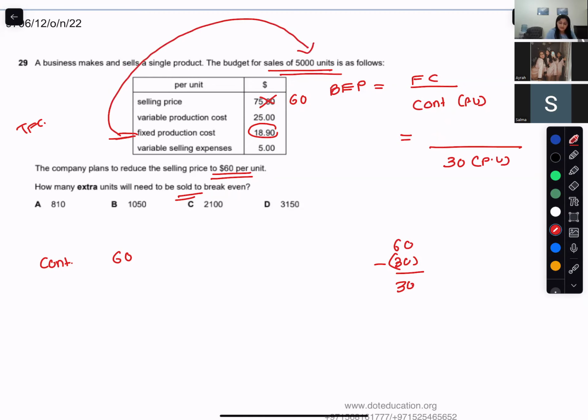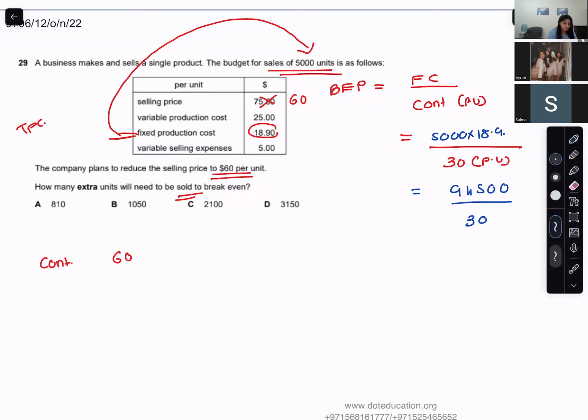So my fixed cost will become 5,000 into 18.9, which is 94,500. Divided by contribution per unit, 94,500 divided by 30 is 3,150.